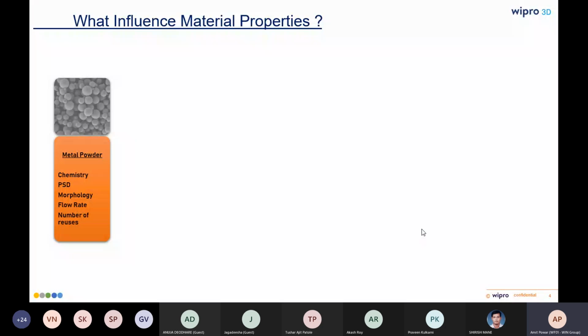There are different atomization techniques for powder manufacturing, which result in different morphologies. Plasma atomization can give highly spherical particles, resulting in good flowability and packing density as compared to other routes like gas atomized powders.